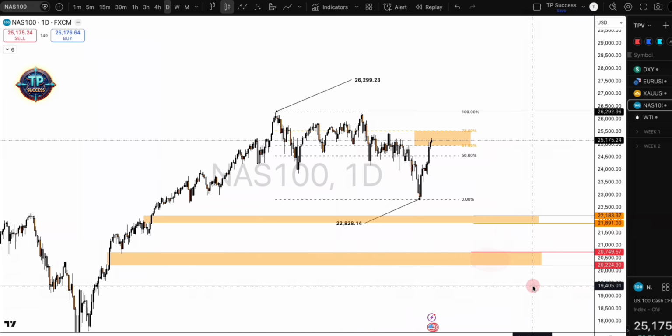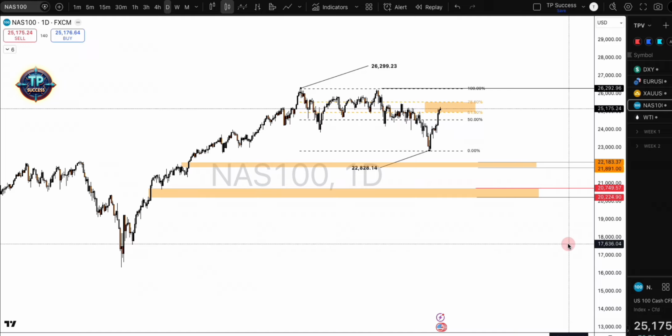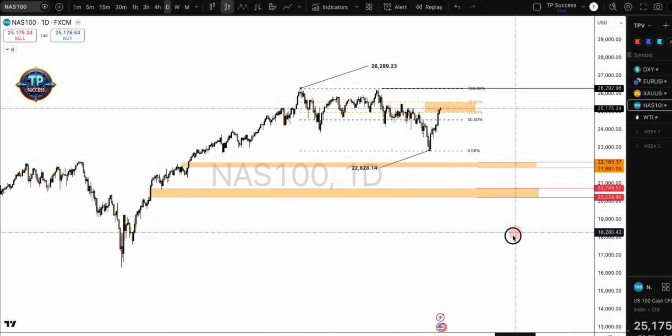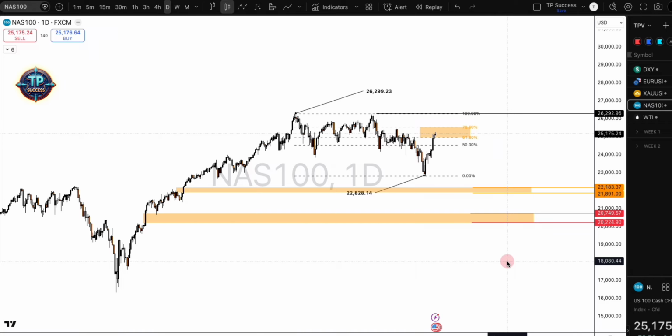In all fairness, I can't see NAS dropping any lower than 20,224. I can't see it coming any lower than that, but it could. And if it does, naturally, if you are a NAS investor, you'll be getting NAS at a really good price, and you'll be able to load up as much as possible to ride it to the upside. That's just my personal opinion, okay? So that's something you have to think about to see if it makes sense to you. And if it does, naturally, you can play the game.